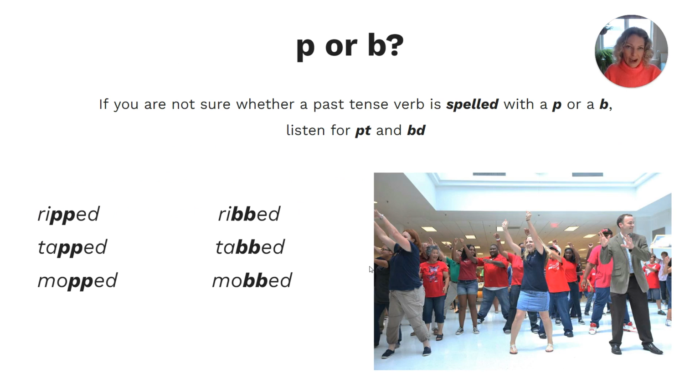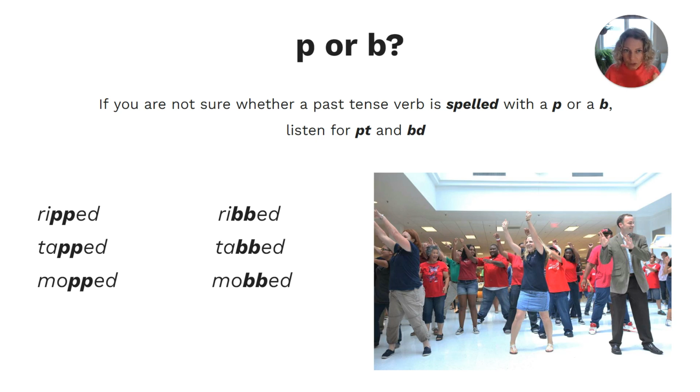Students who speak Arabic might find this trick helpful. If you have a hard time knowing whether to spell a word with a P or a B, if the consonant is unvoiced, then you know it's a P, like ripped, and then you hear pt.